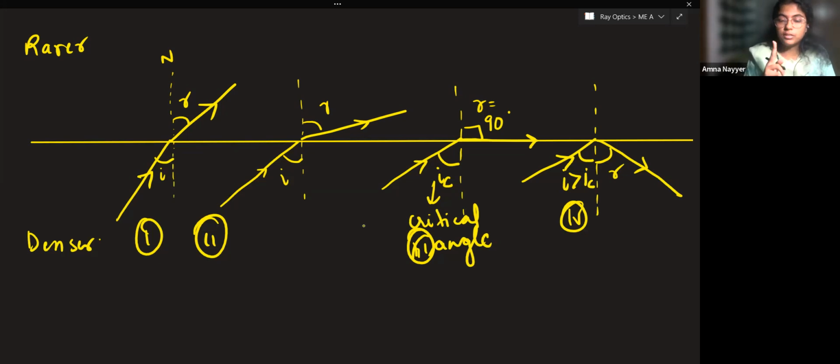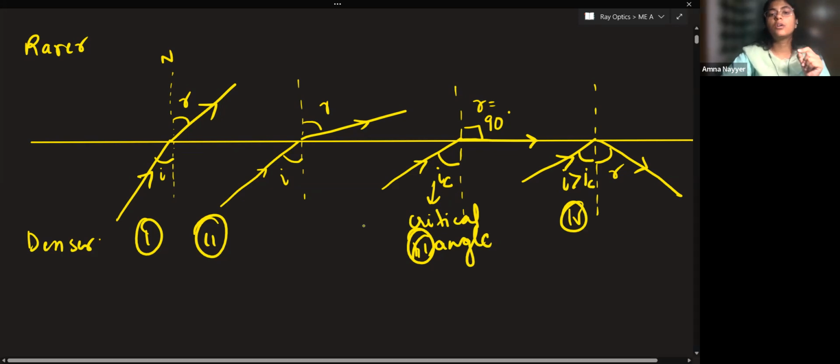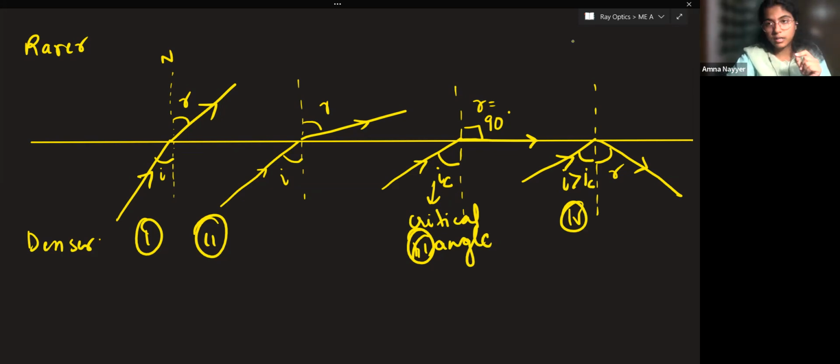Now, there are two conditions which you have to remember at any cost for total internal reflection to occur. First, the prime condition is that your incident ray goes from the denser to the rarer medium this time. Look at it. I have clearly shown that this is the denser medium, which is now going into the rarer medium.